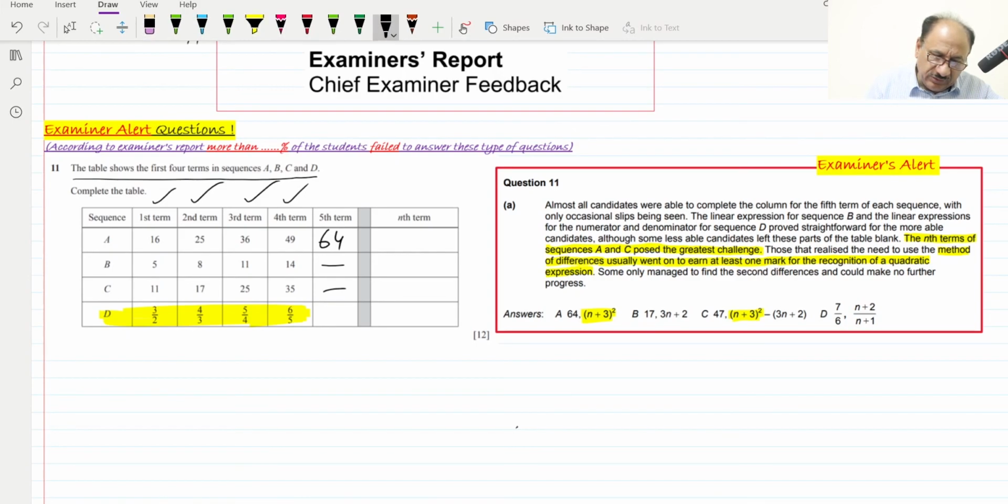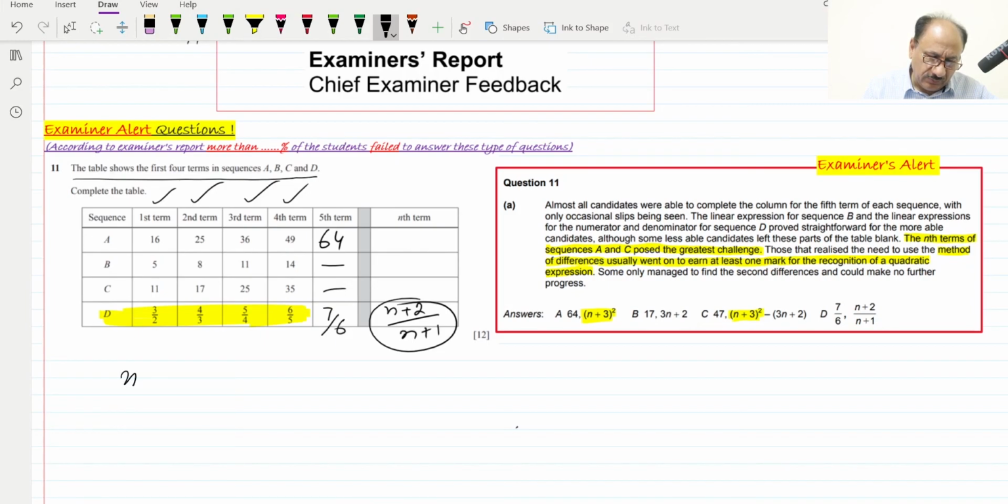This is basically 3, 4, 5, 6, and next will be 7, divided by 2, 3, 4, 5, and next will be 6. So 7 over 6, and the nth term we can also write, this will be n plus 2 over n plus 1. By the same technique we can figure out, this is n plus 2 on the top.